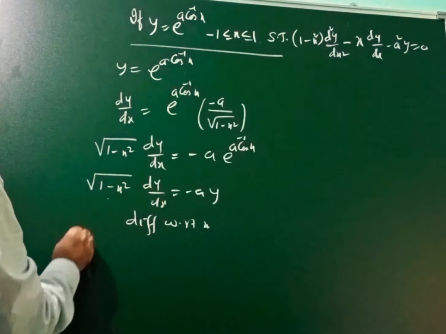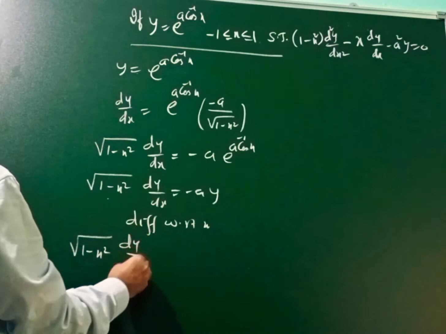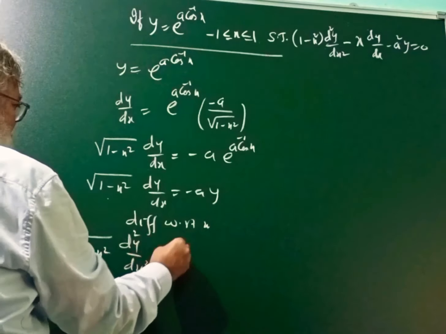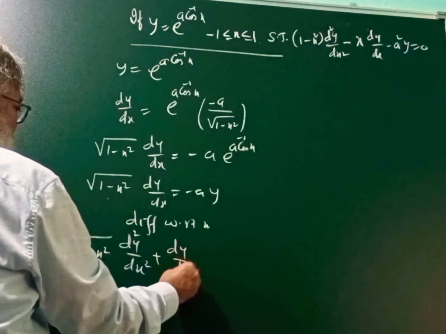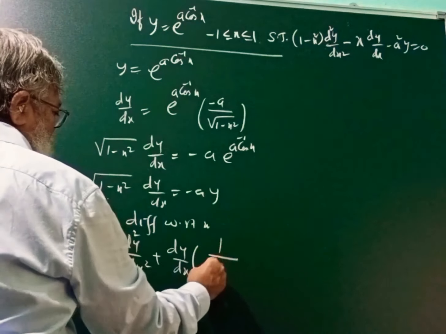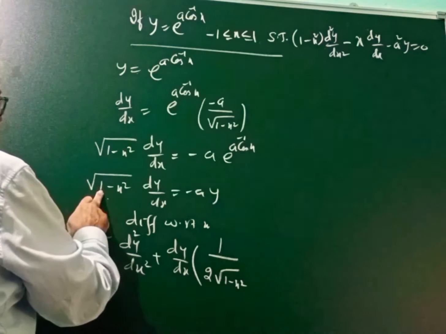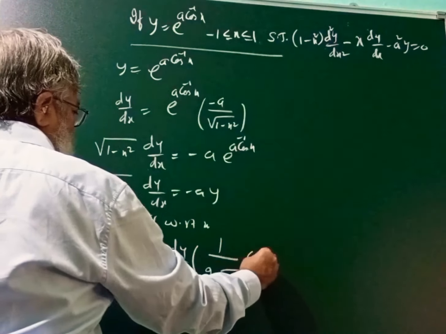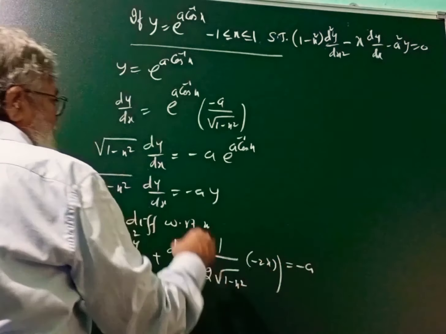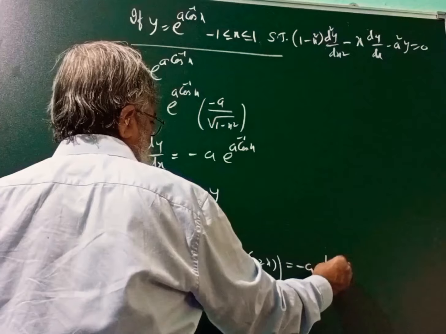Product rule. First function as it is, differentiation of dy by dx, d square y by dx square, plus dy by dx as it is, differentiation of first function 1 by 2 root 1 minus x square, differentiation of 1 is 0, x square is minus 2x, is equal to minus a into differentiation of y, that is dy by dx.